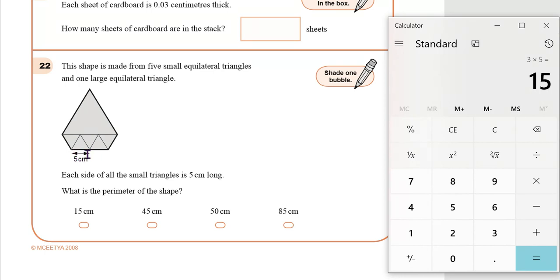This bottom one is 2 triangles across, which is 2 times 5 is 10. And we've also got another 5 here and 5 there, so that's another 10. Plus the 15 of each side of the large triangle. 50 is our answer for that one.